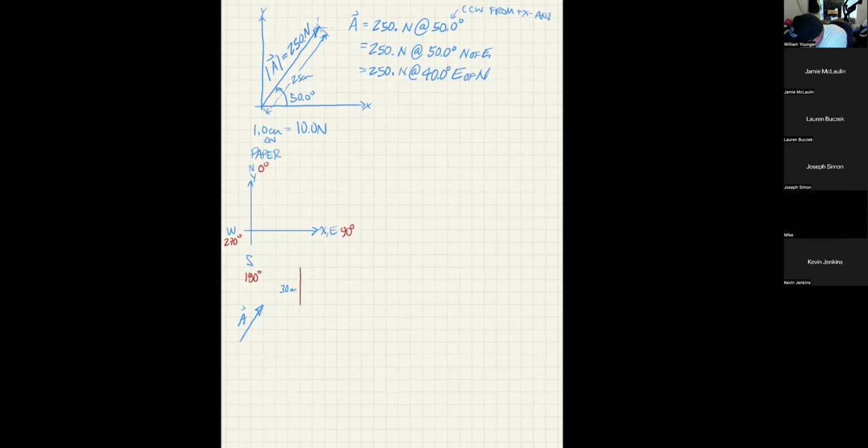And then you walk 40 meters east. Now this looks like this. And in fact, your resultant of that vector is this vector right here. And let's say that's the vector A.